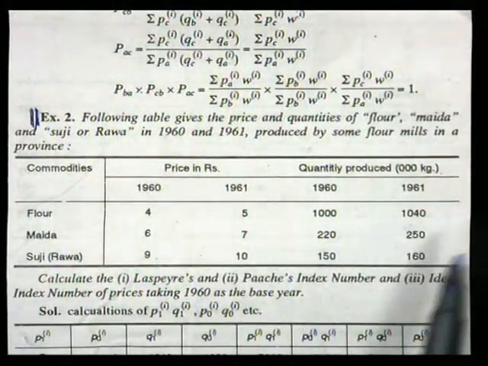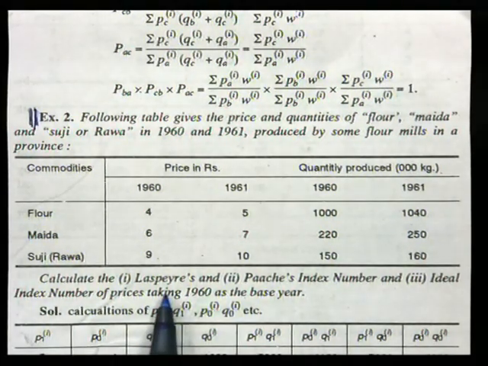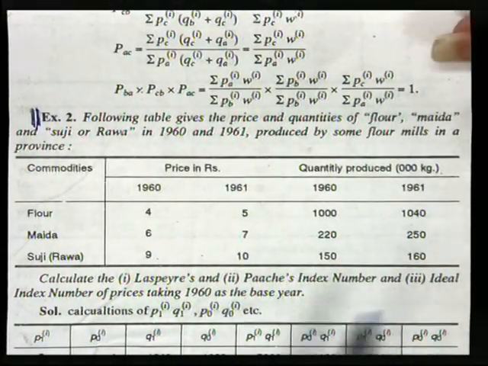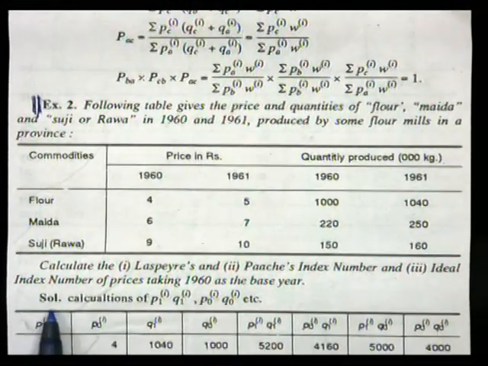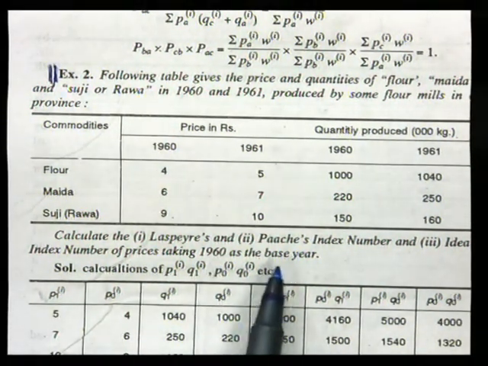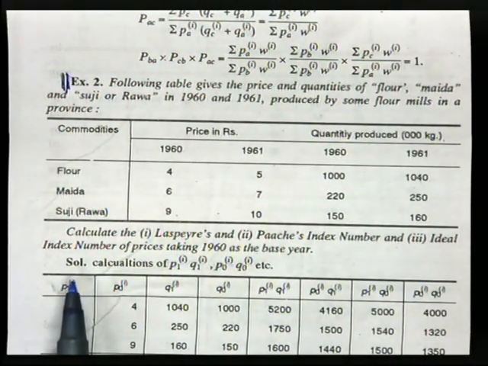By using this data we have to calculate the Laspeyres index number, Paasche index number and ideal index number, that is the Fisher's index number of prices, taking 1960 as the base year. So here is the solution.